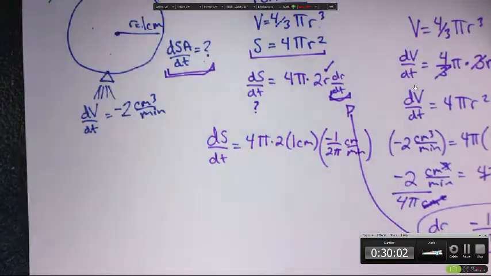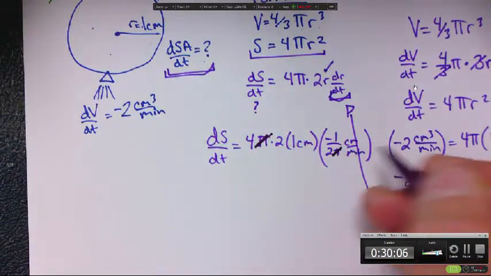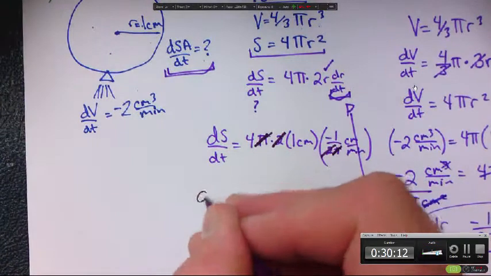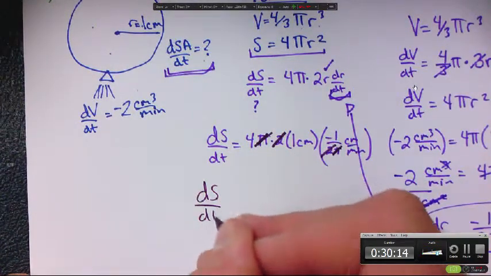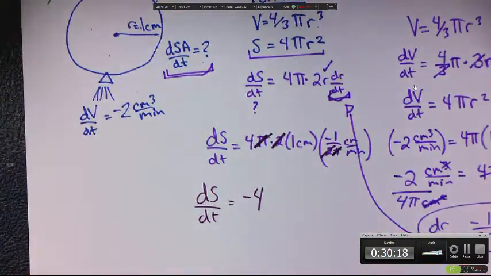And if you're looking at this, you see a pi on top, a pi on the bottom, they cancel. There's also a 2 on top and a 2 on the bottom. Those cancel. So what we're left with is dS/dt is equal to -4. 4 times 1 times -1.